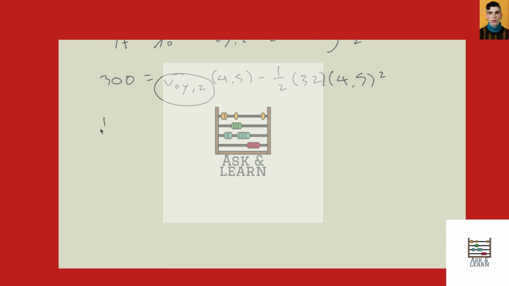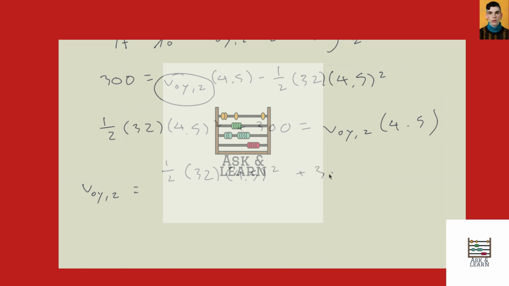Okay, so then we have half 32 times 4.5 squared plus 300 equals V naught Y 2 times 4.5. Okay, so then V naught Y 2 is equal to half 32 times 4.5 squared plus 300, over 4.5.